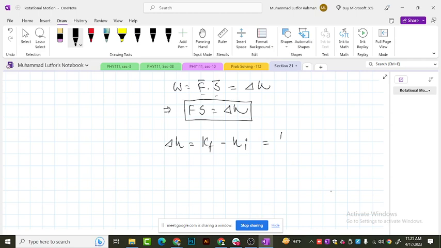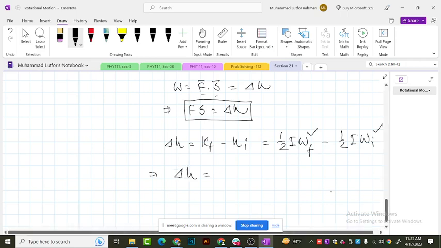So I'll write half of I omega f square minus half of I omega i square. This is simply the change of rotational kinetic energy, because it is only rotational motion, not rolling or translational motion at all. I can factor out half of I, then it gives me omega f square minus omega i square, right?